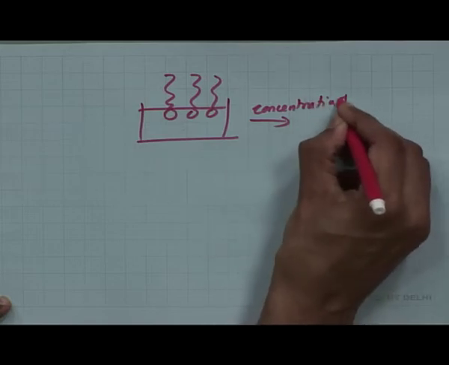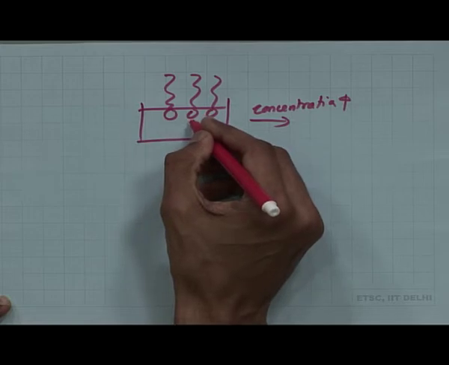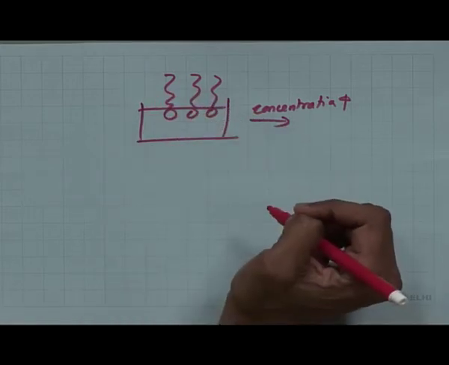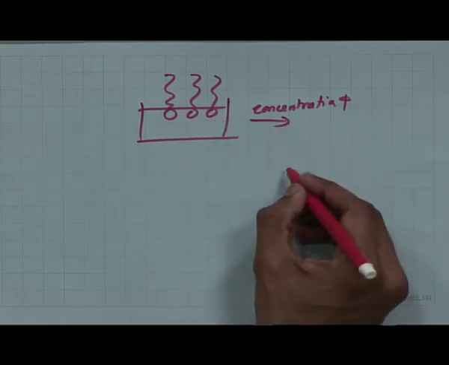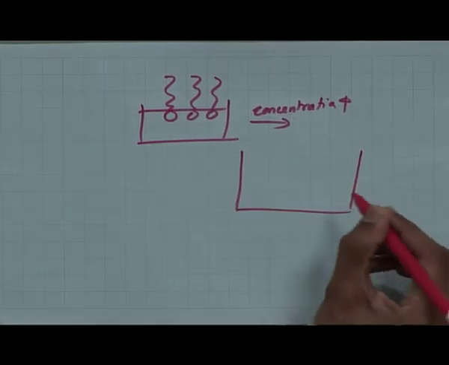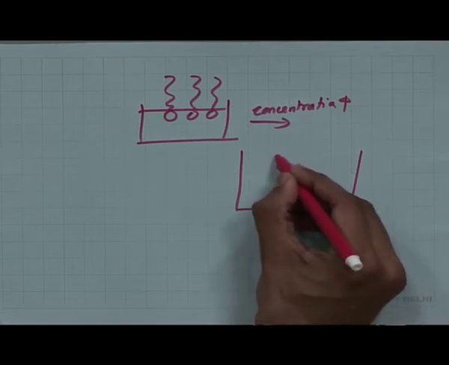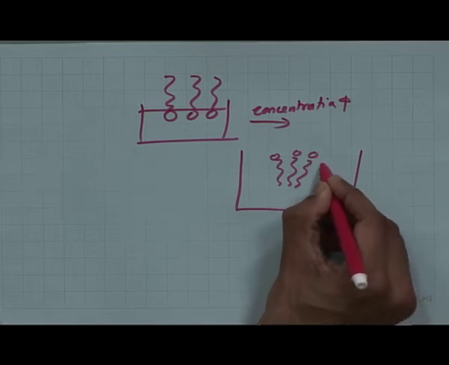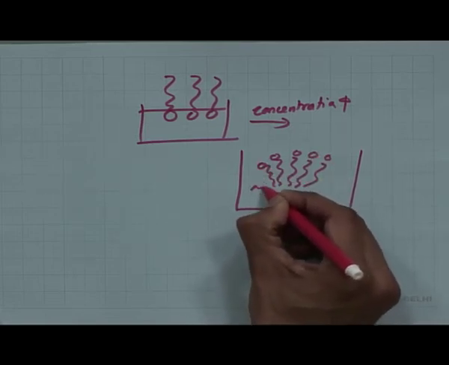Now, as you increase the concentration of this long chain fatty acid, there is not enough space to accommodate all of it on the surface, so you need to find some other way. These molecules will clump together such that the head group is on the outside and the tails are on the inside.